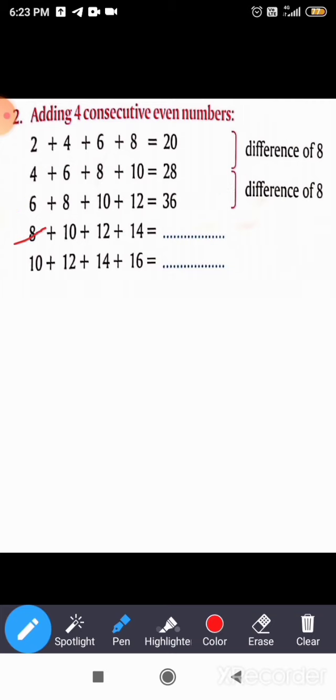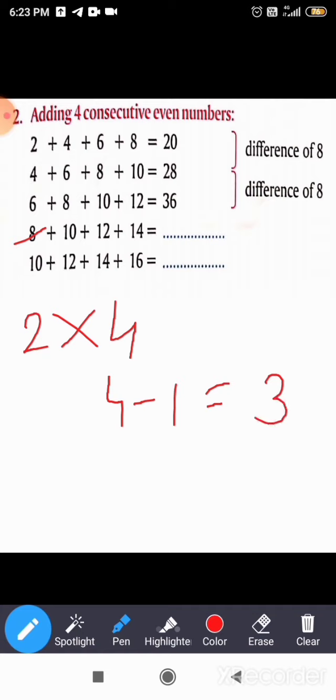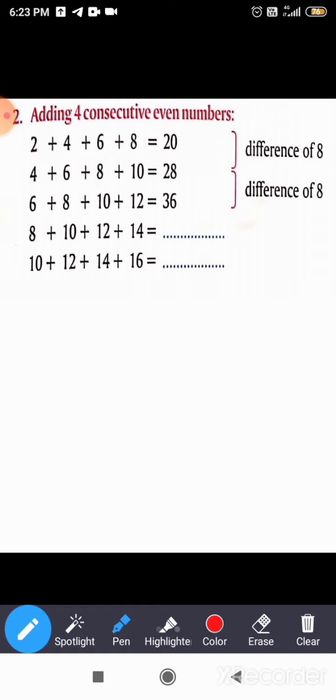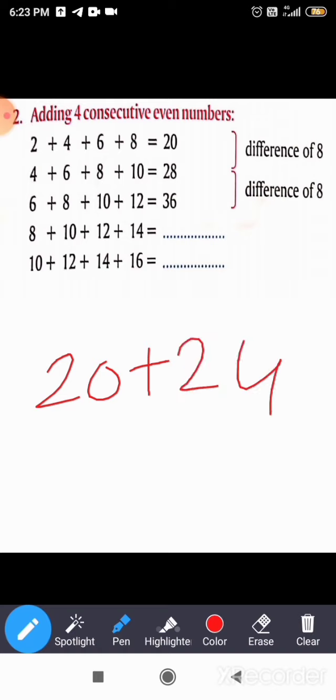If my series is starting from 8, it means 2 fours are 8. So 4 minus 1, my answer will be 3. So I'm going to add 3 times 8 in 20. So 8 threes are 24. So 20 plus 24, my answer will be 44.